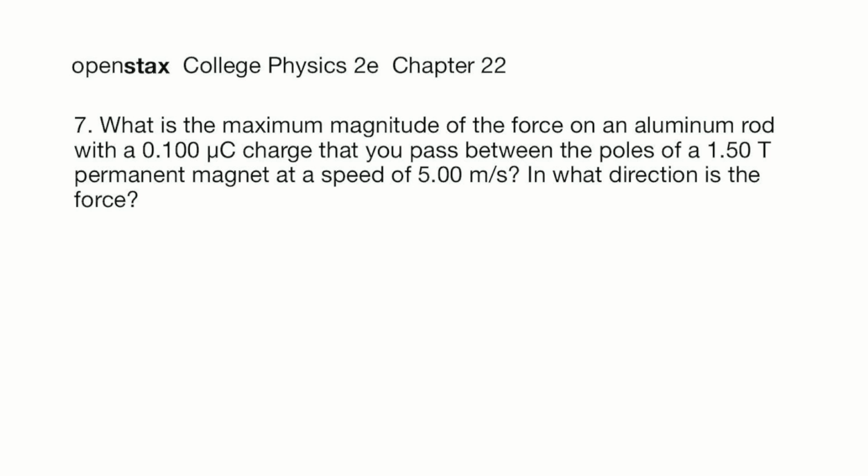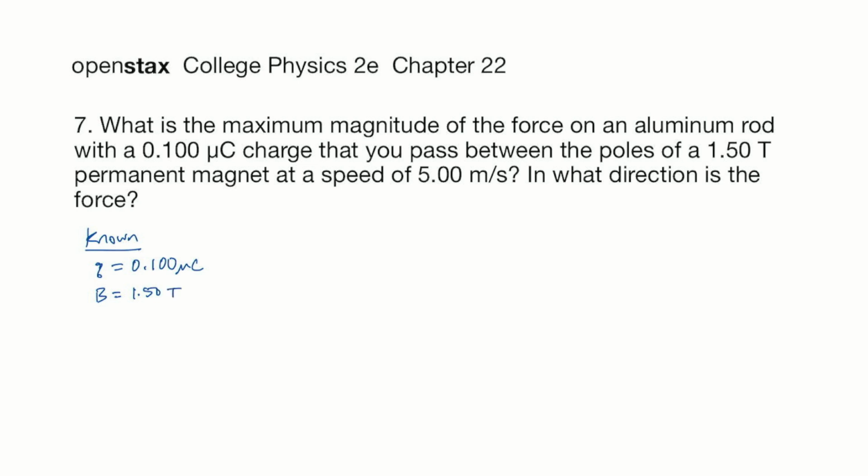Okay, let's start with what we know. We know the charge Q is 0.100 microcoulombs. That will need to be converted. We know the magnitude of the magnetic field is 1.50 Teslas.